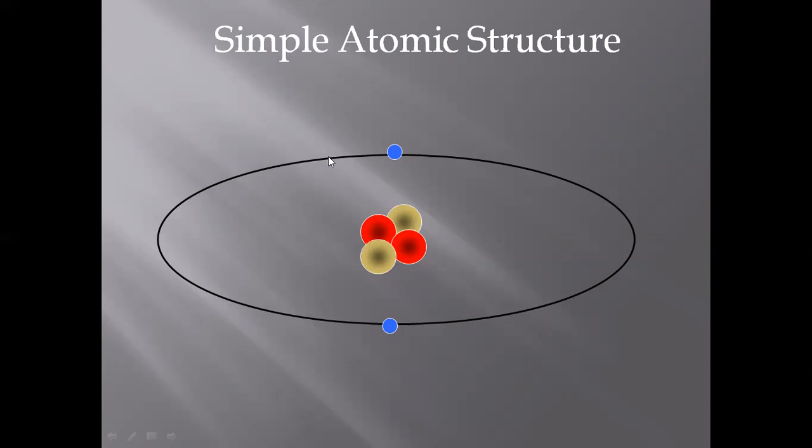The center is called the nucleus, and outside of the center there are orbits, and in the orbits there are electrons straying. There are a lot of orbitals present in atoms, but not all of the orbitals are occupied by electrons.